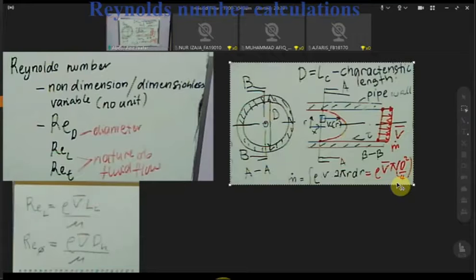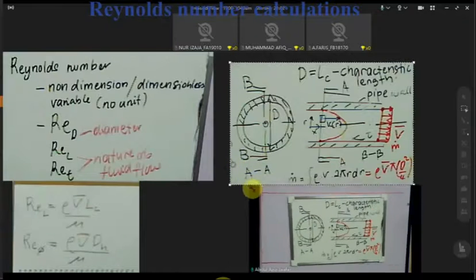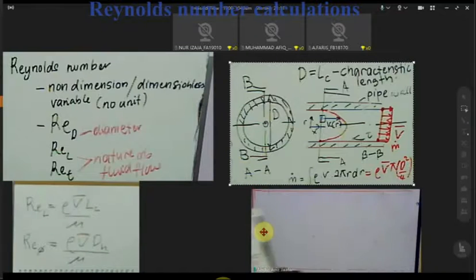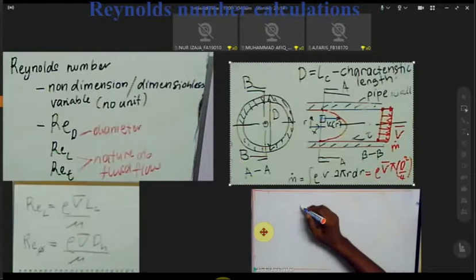So how can we use the Reynolds number for pipe flow? For pipe flow, the Reynolds number is used to determine the nature of the flow.